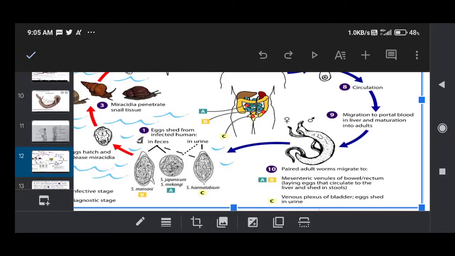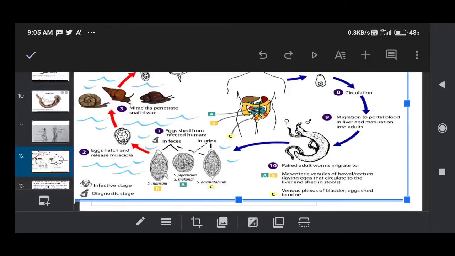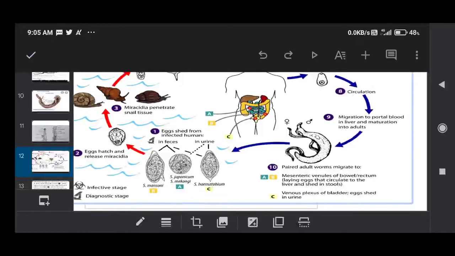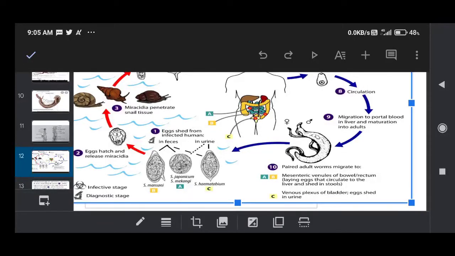The yolk glands secrete some cells and a capsule around the yolk cells and zygote, so they form a capsule. This capsule has a spine.